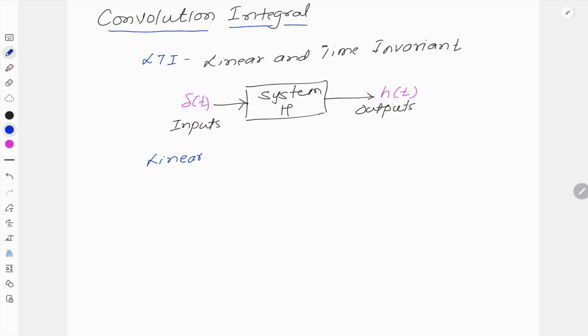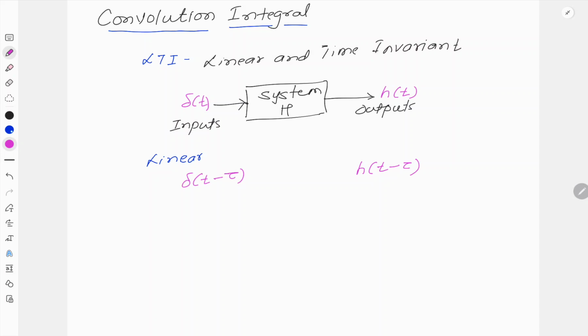Therefore, if I apply delta of t minus some constant, let's say tau, at the input, I am going to get the desired output as h of t minus tau. It is because of the property of linearity.